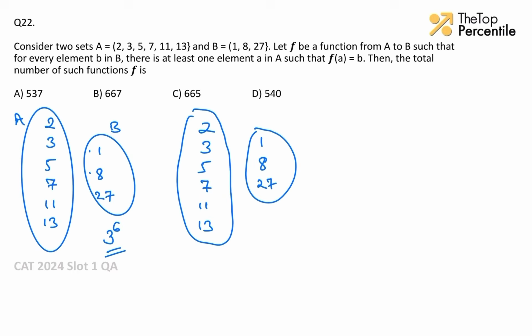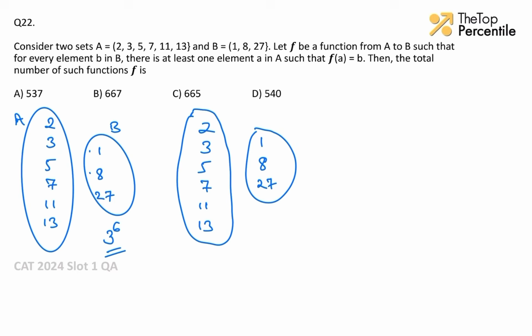So in the exactly one case, 2 can be mapped onto 1, 3 can be mapped onto 1, 5 will be mapped to 1, and 7, 11, and 13 will also be mapped to 1.